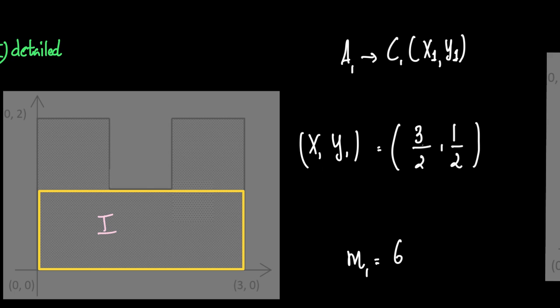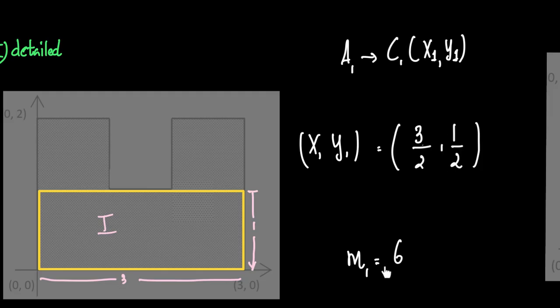And we know this distance is 3, this distance is 1. So this length is 3, and this length here is 1. Therefore, the coordinate of center of mass would be width by half and height by half, which is 3 by 2 and 1 by 2.